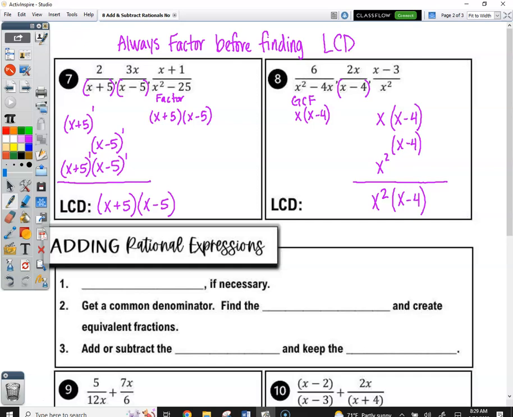Good news and bad news. Good news: the hardest part of adding and subtracting rationals is figuring out the LCD. Bad news: once you figure out the LCD, then you multiply it by the expression, and that's where some people struggle with the multiplying. They don't cancel things correctly. So I'm going to show you, there's 2 techniques for doing this.